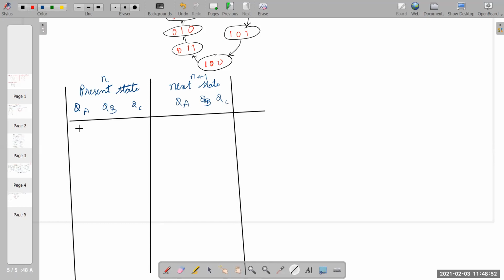Okay, what is the first state? In an up counter we start from 0, but in a down counter we start from 7. Down from 7 means 7, 6, 5, 4, 3, 2, 1, in that order. In an up counter, 0, 1, 2, 3, up to 7, we go, then we go to 0 again.